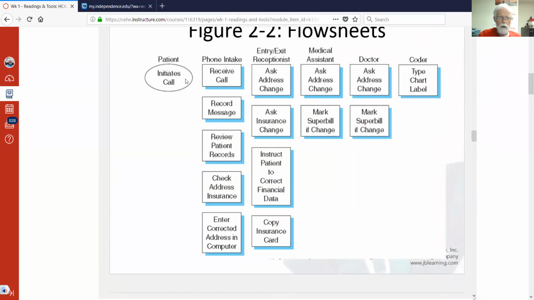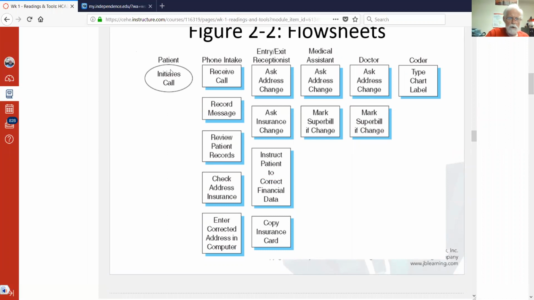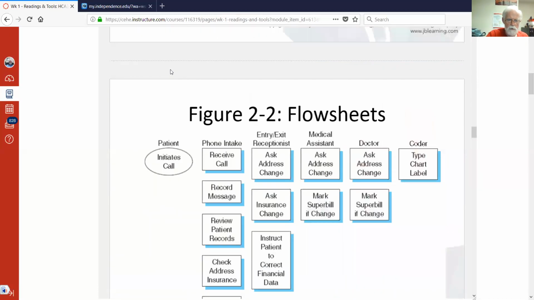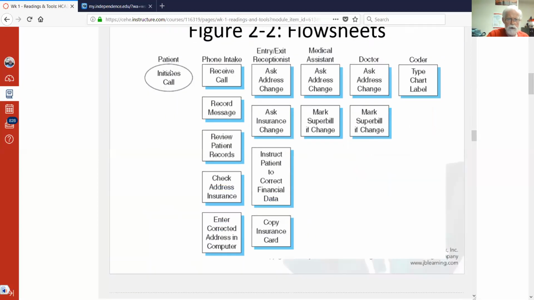Here's one, which is looking at patient information. So what happens is that you receive a call, record a message, look at the review of the records, check all the things that you need to do, make sure that everything is done. The patient is the initiator, and there are a number of different things.